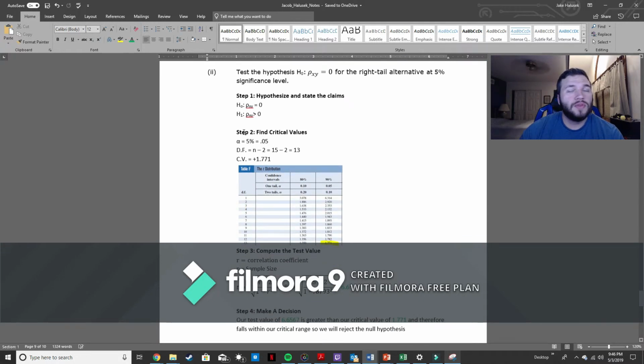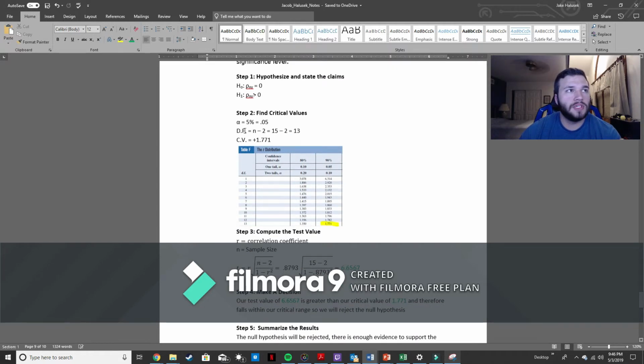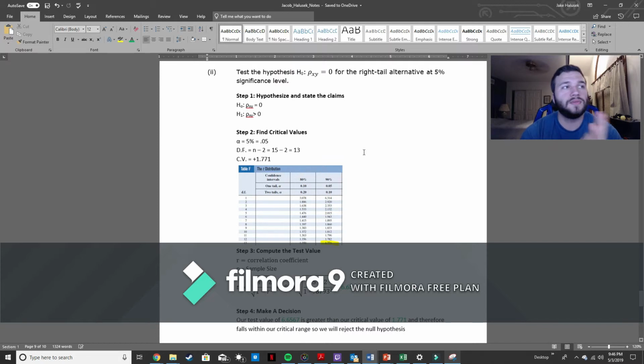Step 2, moving on to find the critical values. We are told to go with alpha equals 5% again, so 0.05. For t distributions, degrees of freedom is equal to n minus 2 now. We have 15 as our sample size, subtracting 2, getting us 13.